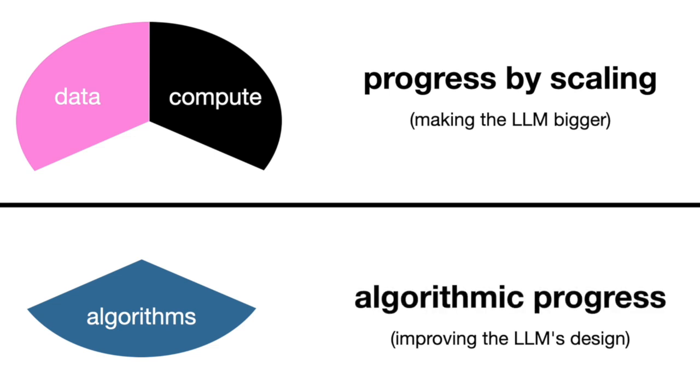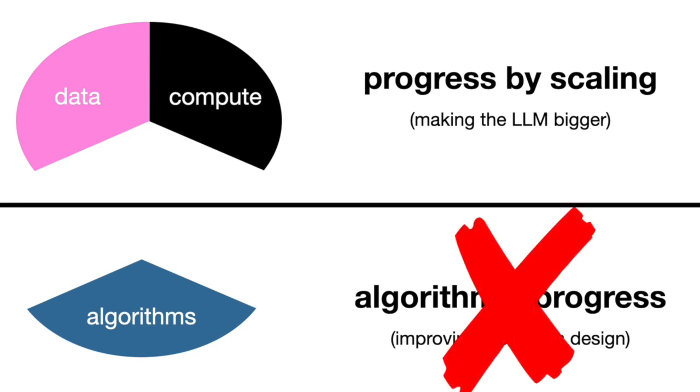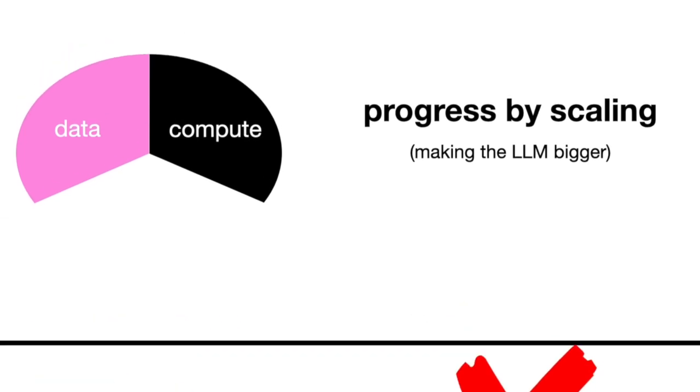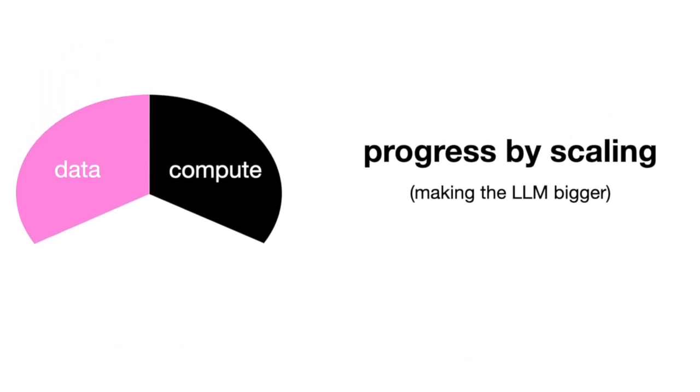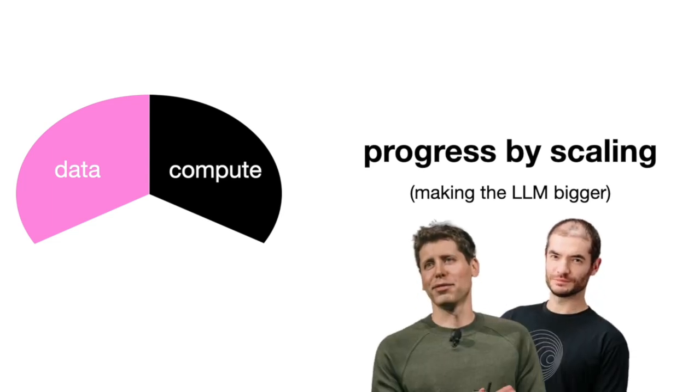So even if there is no more progress in how the LLM software is designed, by just using the current designs and scaling them to a bigger size, it has been found that they also get more intelligent.